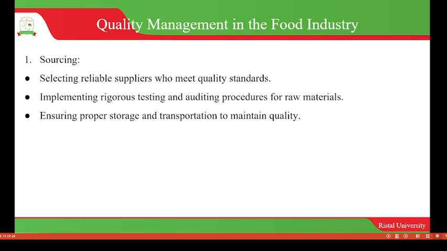There are other suppliers who do not follow good agricultural practices, and therefore the raw materials that we get from these suppliers can never meet the quality standards. So whenever we are selecting suppliers, we have to select suppliers whom we think are able to meet the quality standards.